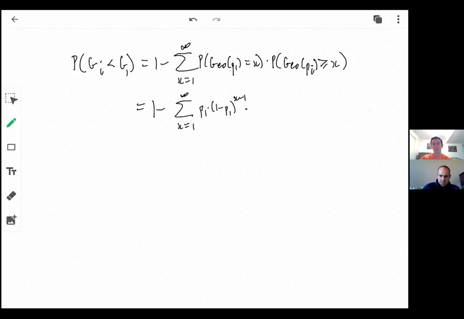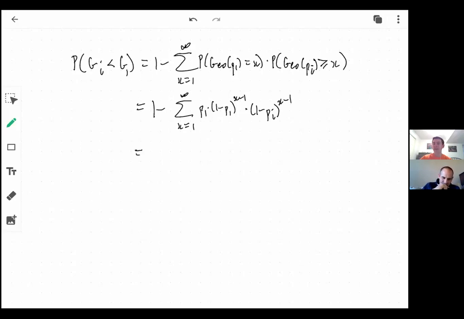That would be the sum from x to infinity. Well, we just got a formula for the geometric. That'd be (1 minus p sub I) to the x minus 1. Yeah, we could have written it as a sum. You'll see what's going to happen here.